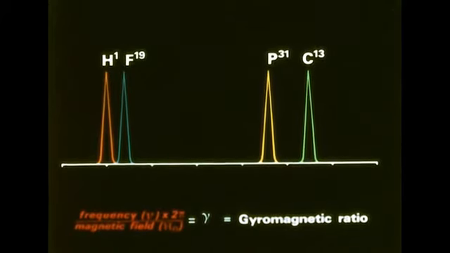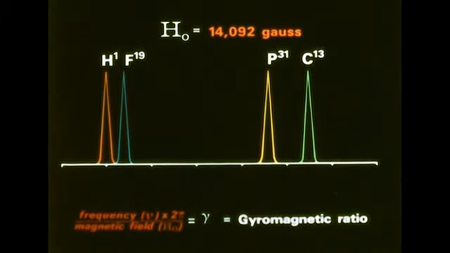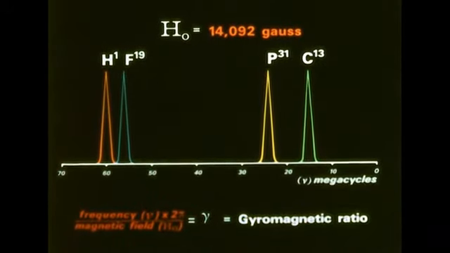With a fixed field, for example 14,092 Gauss, the gyromagnetic ratios of these isotopes give rise to characteristic resonance frequencies. Protons resonate at 60 megacycles per second, fluorine-19 at 56, phosphorus-31 at 24, and carbon-13 at 15.